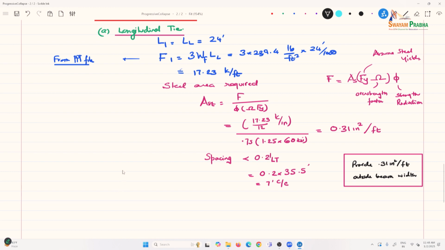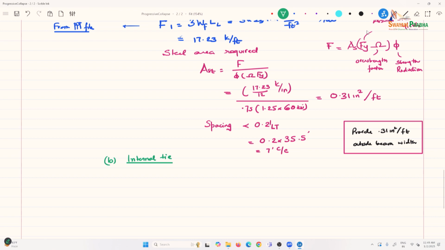Then the next one is an internal tie. These are in each slab. So, the internal tie now, this is transverse. So, L1, which is LT, is 36.5 feet, and FT, the force, is again the same as before, 3 WF L1.